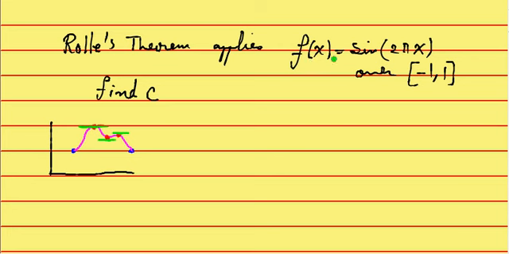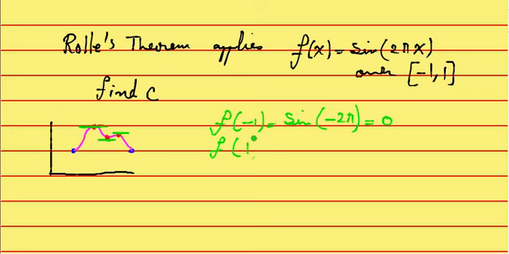First of all, the function f being sine of 2 pi x is continuous everywhere. It's differentiable everywhere. We have no problem with that. What is the value of the function at the beginning and end? f of -1 is sine of -2 pi. I hope you remember from your trigonometry, sine of multiples of pi is 0.